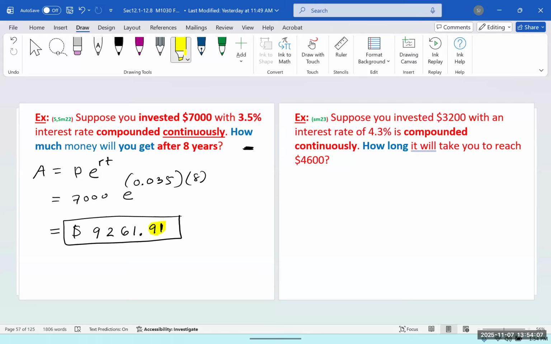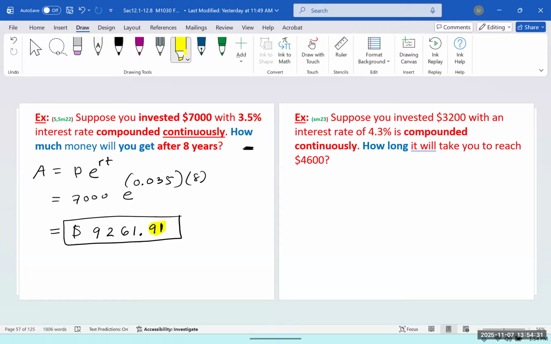Okay, so now you have $3,200 currently, and you want to get $4,600 from your $3,200. So you have $3,200 today, but your goal is to make this $3,200 into $4,600 somehow.